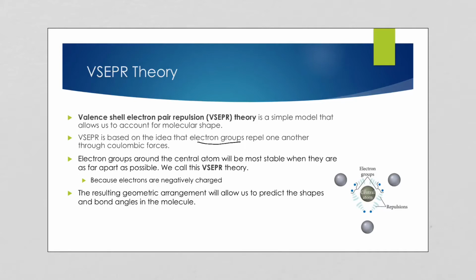We can have a single bond, we can have a double bond, we can have a triple bond, we can have a lone pair. But they all count as an electron group. And these groups of electrons want to get as far away from each other around the central atom as possible. And so by looking at the electron environment around our central atom, we can then predict the three-dimensional geometry.